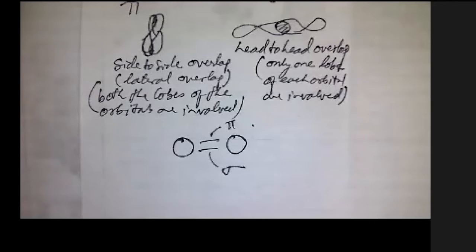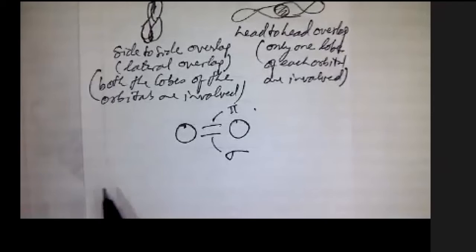So they don't touch, but they enclose the nuclear axis. Is it clear? So this is an example of pi bond here. So whenever multiple bonds are formed, then pi will exist. A single bond means only sigma bond will be there. Understood? All single bonds are sigma, but if it is more than one, then pi will come in. Clear?